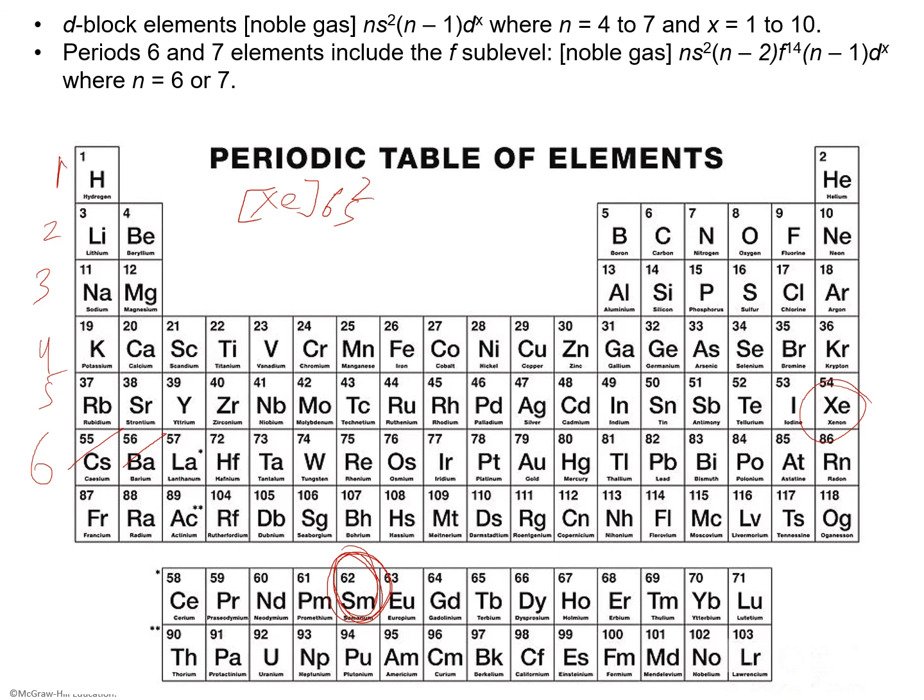Now remember, after you fill the s, it goes to the f orbital. So first you have to fill this f orbital. And what is f? n minus 2. So n minus 2 is 6 minus 2, meaning 4f. Now we find the electrons. This is 1, La is 1, and then it goes back to here: 1, 2, 3, 4, 5, 6. So 4f6 is the total number of electrons, and that's it.